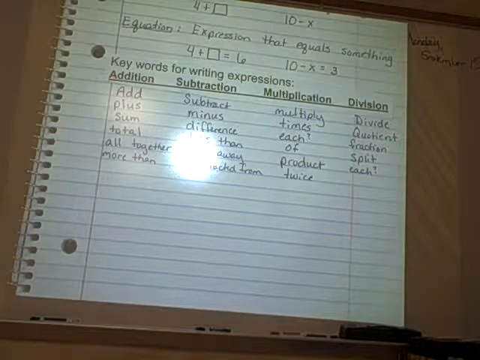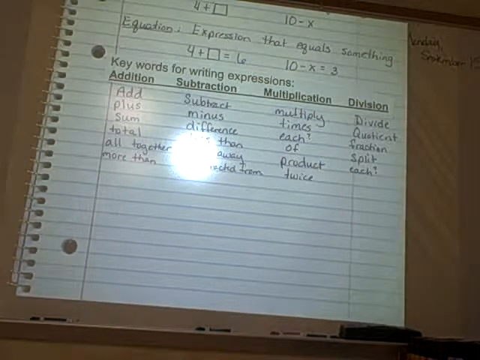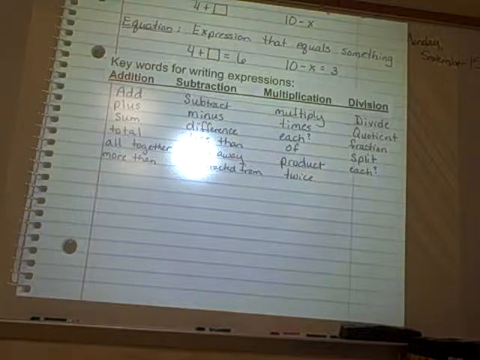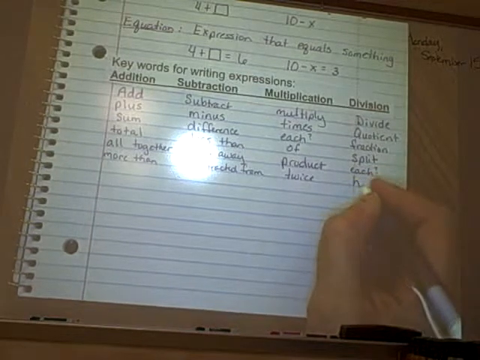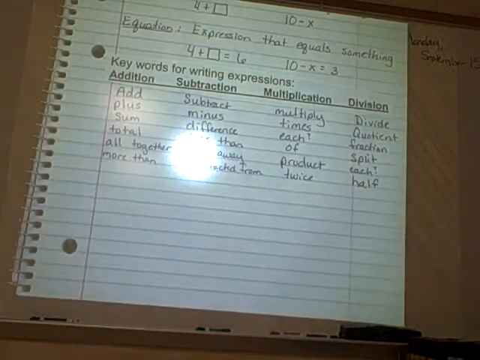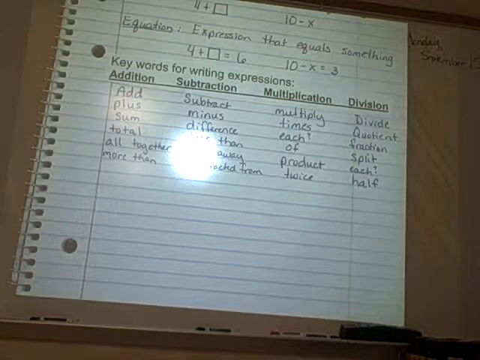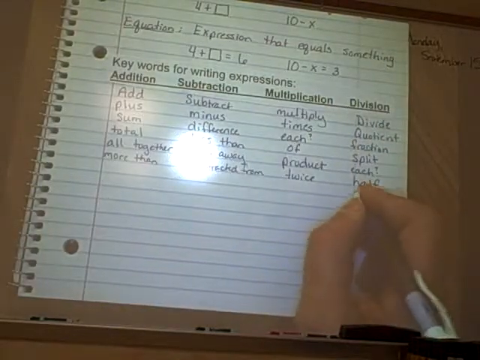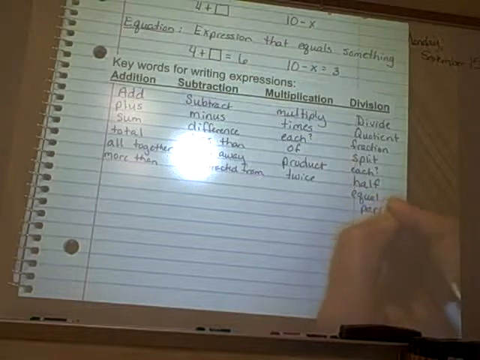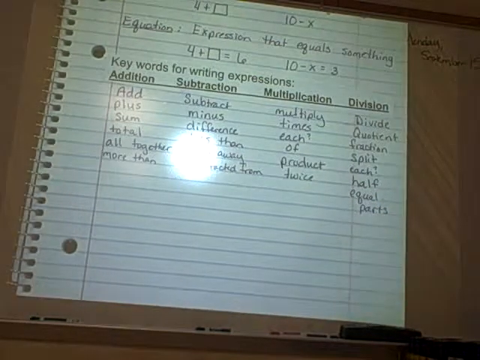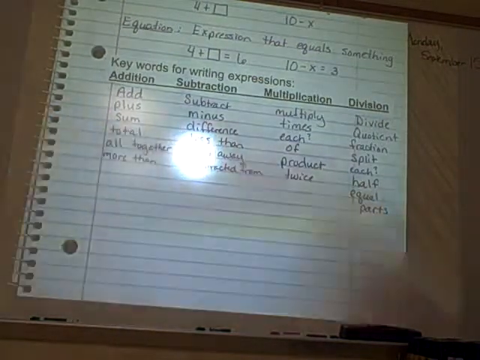So there's a group of special words for multiplication. There's also for division, if you said a fourth, or half, or something like that. There's special words here. Split and equal parts is a division one. Equal parts. That's a good list.